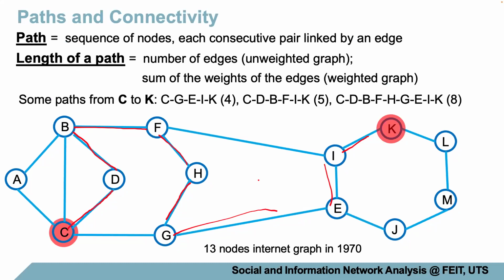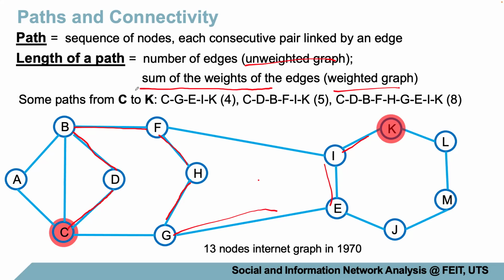Yeah, we will talk about shortest path later. I will introduce the detailed definition of the shortest path. But here you just need to know the length of a path is the number of edges for an unweighted graph. For a weighted graph, that will be the sum of the weights of the edges. For the shortest path, that is the shortest length of the path.